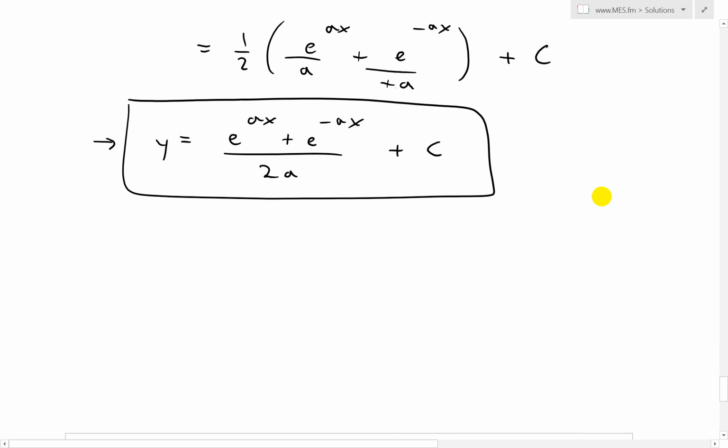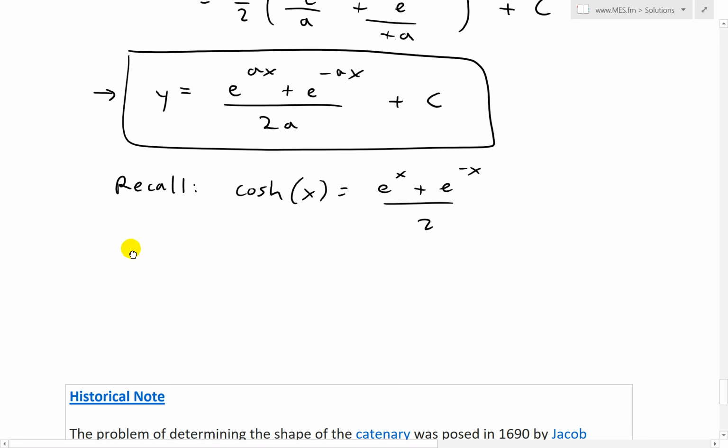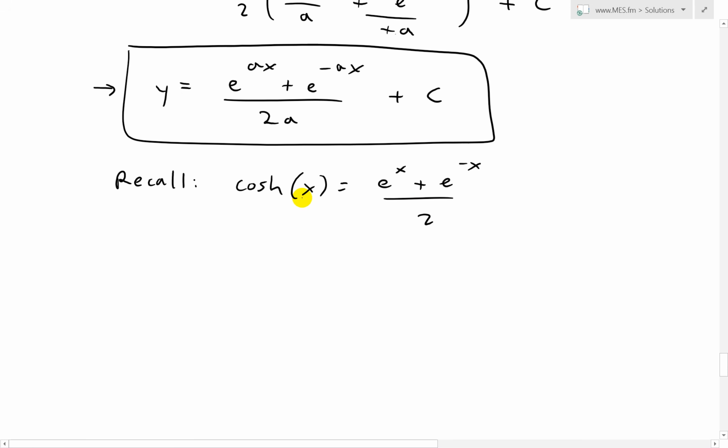Now again, recall from above that the hyperbolic cosine of x equals e^x plus e^(-x) over 2. So in our case we're just using hyperbolic cosine of ax.